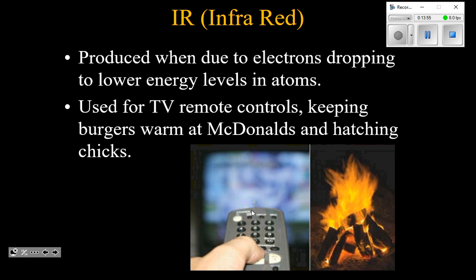Now, if you're at home and you have a satellite receiver, some satellite receivers you have to be in the same room and point it right at it to make it change the channel. But some you can be around the corner, you can be in a different room. If you can be in a different room, it's not infrared, then it's a radio signal, because radio signals can actually penetrate the walls. But if you have to be in the room, have a line of sight, then it's the infrared remote controls. So again, that's how we transfer heat as radiation.